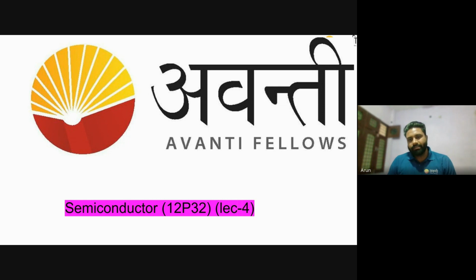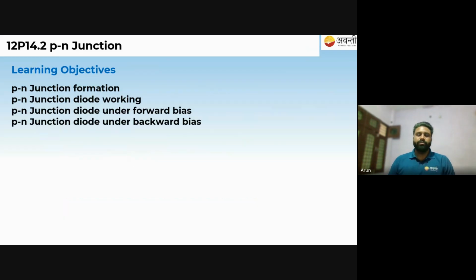Here, the lecture number 4 we are going to cover today. Firstly, we will discuss what we are going to do today. The learning objective for today is PN junction formation. Till now we have studied individual P and N type semiconductors. But the problem is that P and N type semiconductors individually have very limited uses.